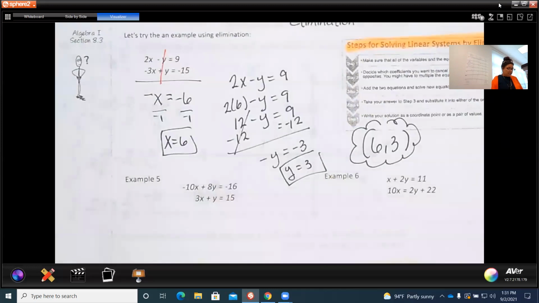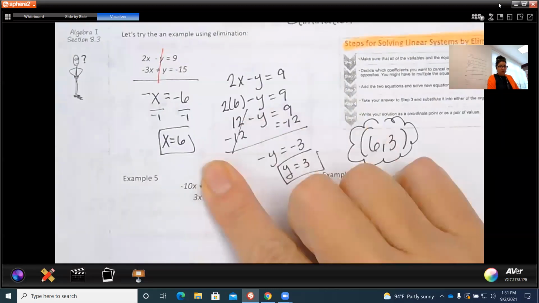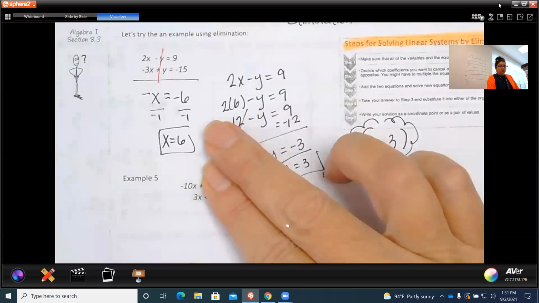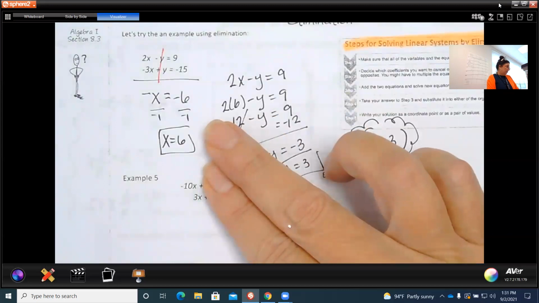So just because nothing cancels automatically does not mean that we can't use elimination. We can still use elimination, but we're going to have to manipulate one or both equations in order to get something to cancel out, using multiplication. So if I wanted my x's to cancel, think of a least common multiple of 10 and 3. 30.